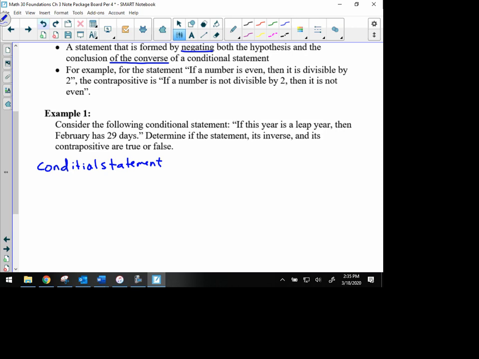So the conditional statement, again, I'm rewriting this here. Maybe I'll use a different color for that. So if this year is a leap year, then February has 29 days. So there's our conditional statement, again, coming right from the question.